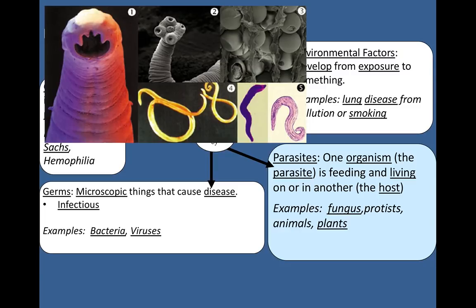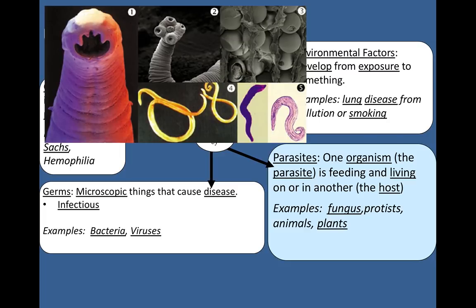That's when one organism, the parasite, is feeding on or living on or in another, which is the host. We can see parasites that are fungus, protists, animals, and plants. And this would be considered infectious as well.